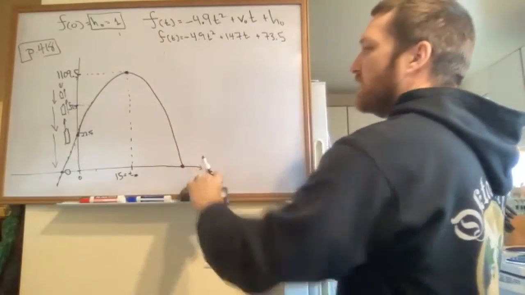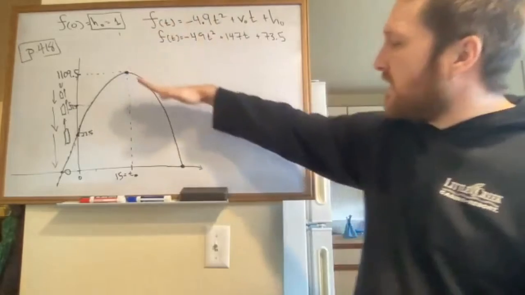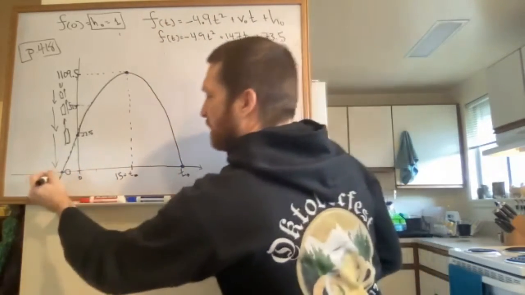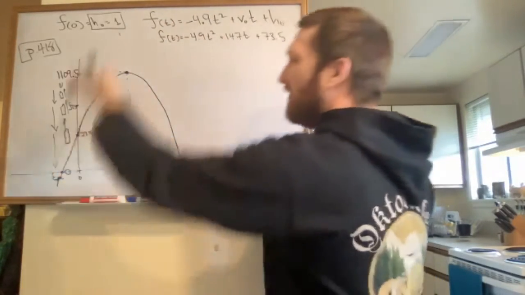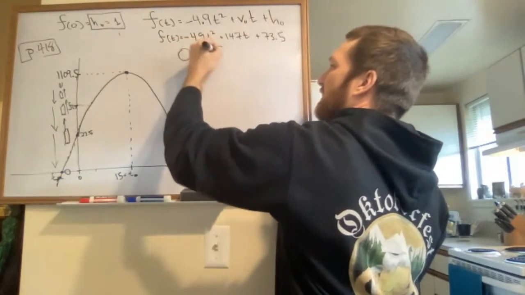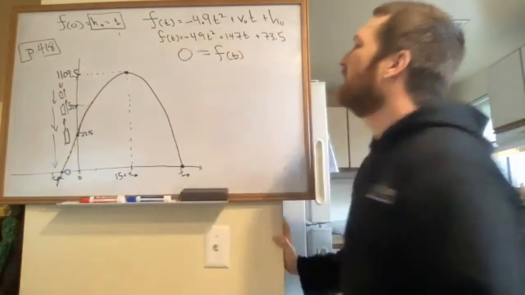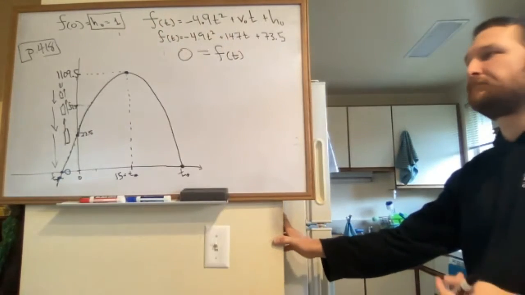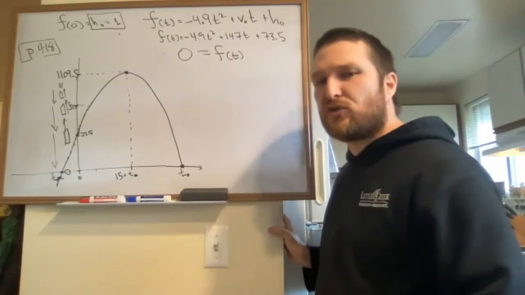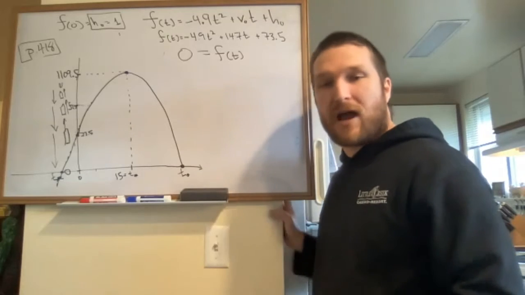So we're going to say, when does it hit the ground? In other words, find the t values when the height is equal to 0. Well, this thing is the height, and that's what we're trying to solve right now. If they said, at what time will it reach 20 meters above the ground?